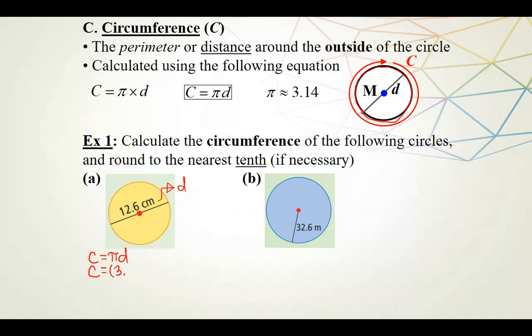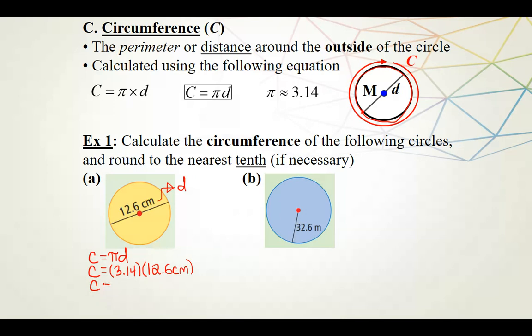Pi is 3.14, and it does not have any units to it. The reason is pi is actually a ratio of the circumference of a circle to its diameter, so the units cancel off. The diameter here is 12.6, and the units are centimeters.